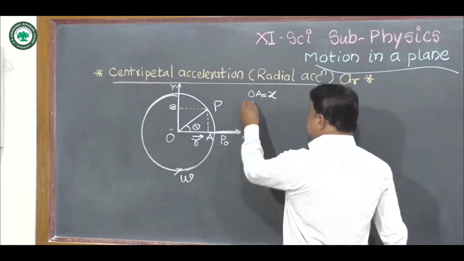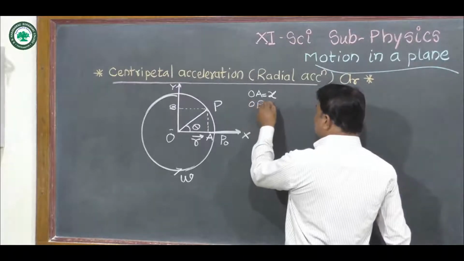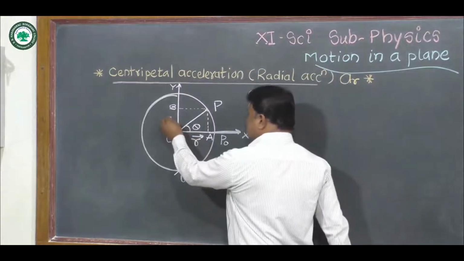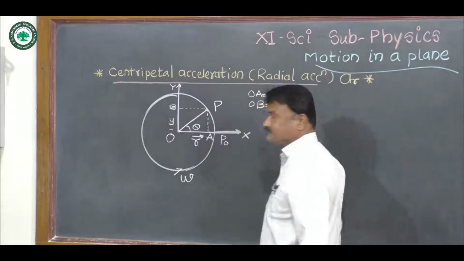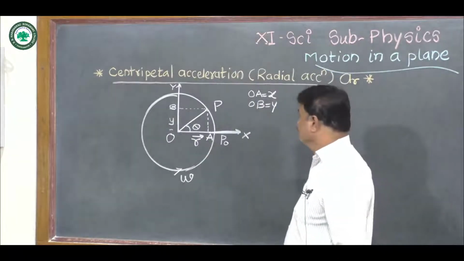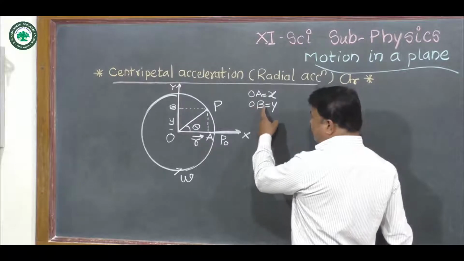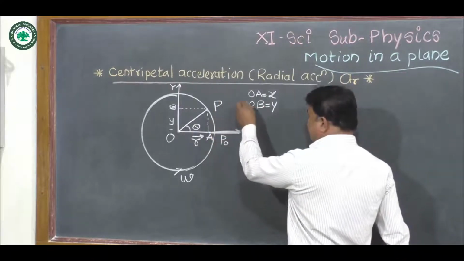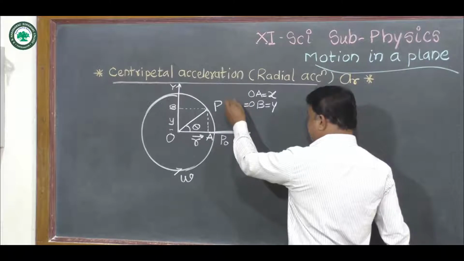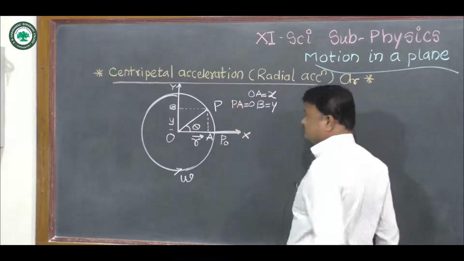So this distance OB is equal to y. As we know that this distance OB is equal to PA, we write PA is also equal to y.